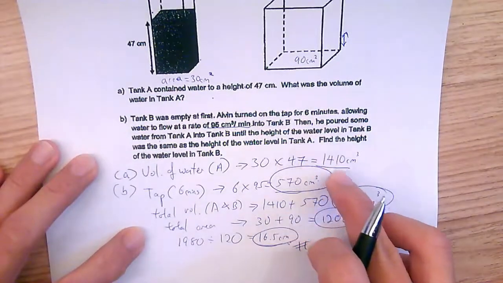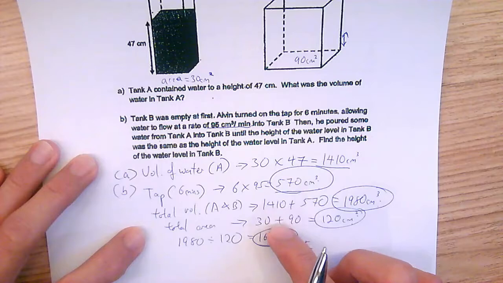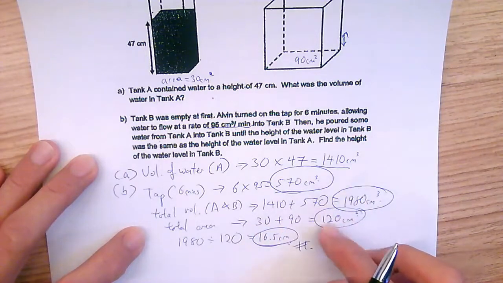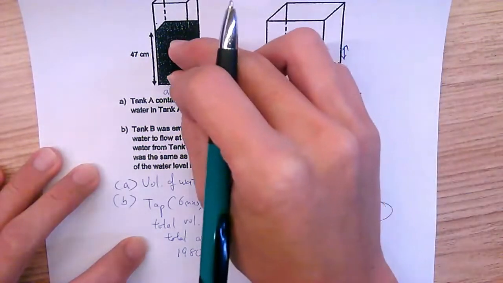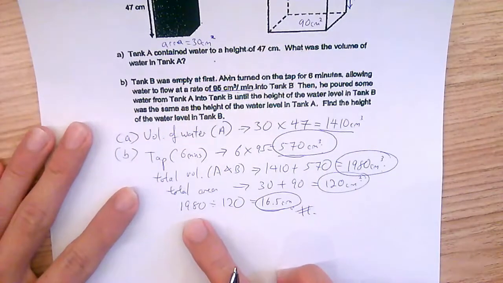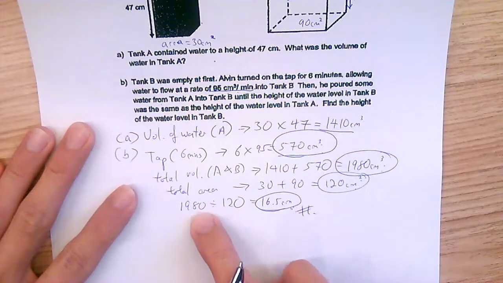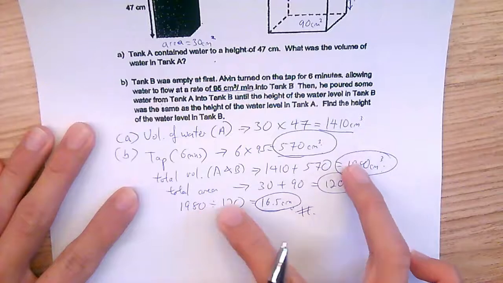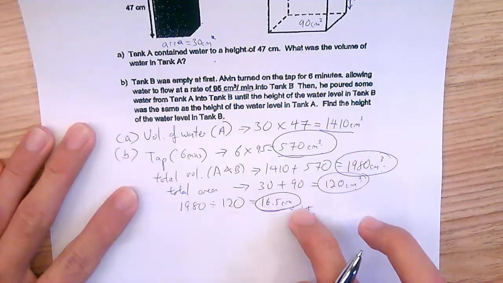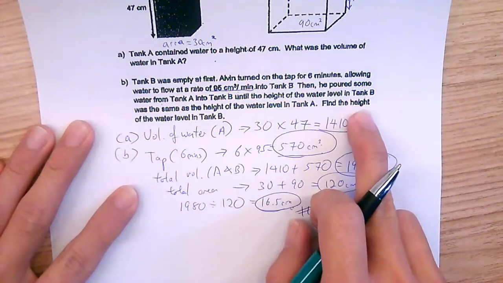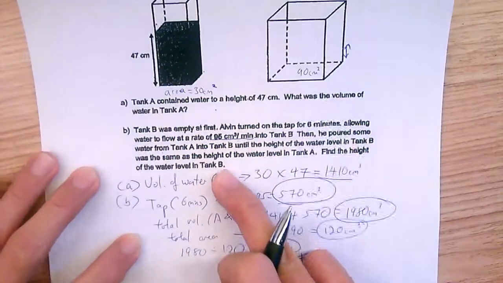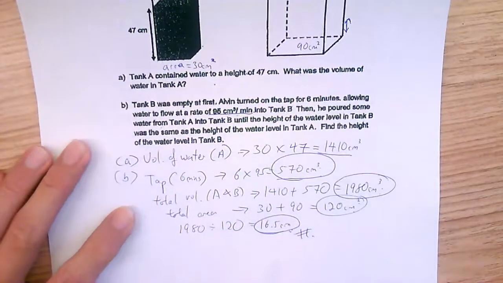The method is to find the total volume. After that, you find the total area. You take the volume divided by area to find the water height, which is the same for both. So which is why I did 1980 divided by 120. This one being the total volume of water, and this one being the total area. And then you're going to get 16.5 cm, and that is going to be the height of the water level in tank B as well as tank A, because they're both the same. Alright, done.